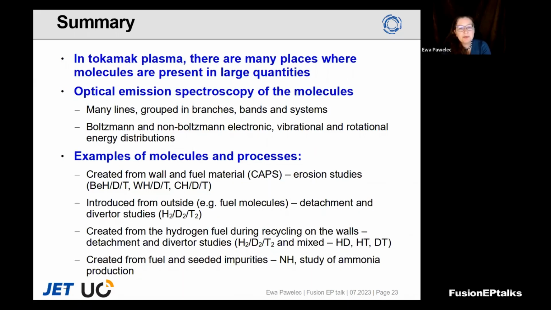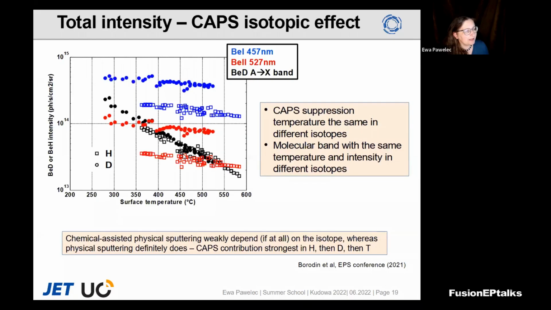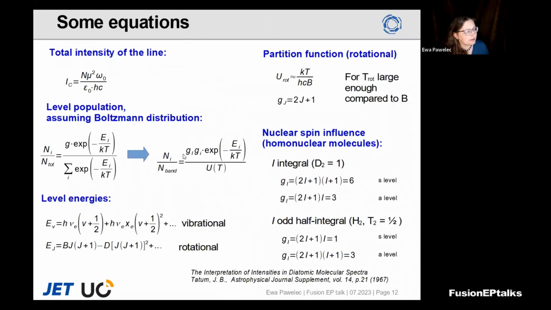So you very rarely have the possibility of making, for example, a Boltzmann plot, meaning that you can distinguish those lines separately, and you can treat them the same way that atomic spectrum is treated or the ion spectrum is treated. It can be, for example, those lines here in the hydrogenic molecules.